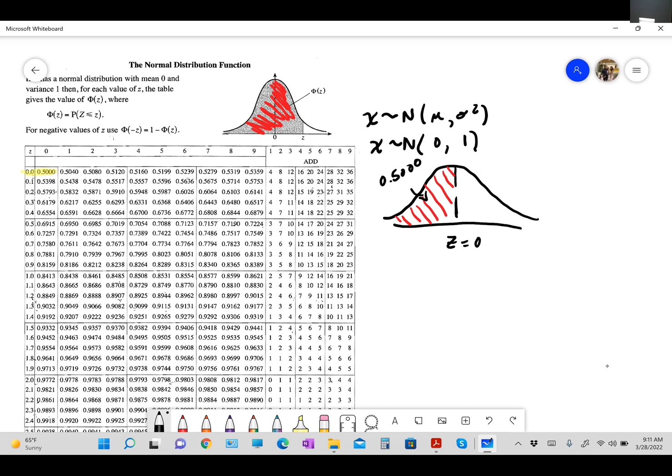So 0.01, 0.5040, 0.02, 0.5080, 0.03, and so on, right? That's what it is.